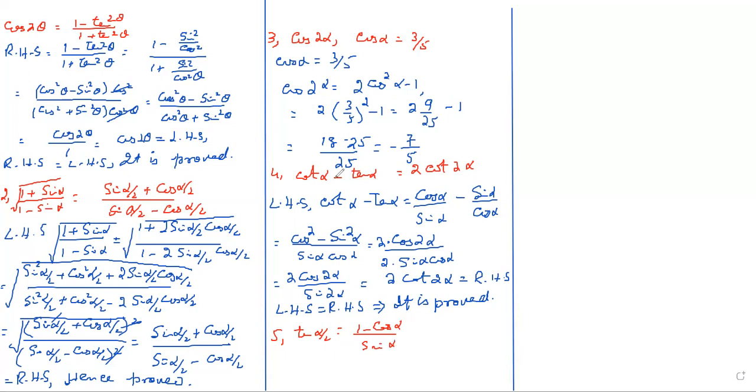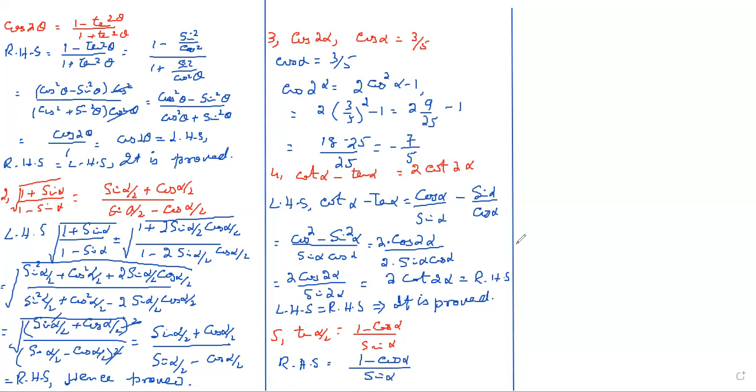Come to this, okay. So taking the right hand side this time, which is equal to 1 minus cosine alpha divided by sine alpha.